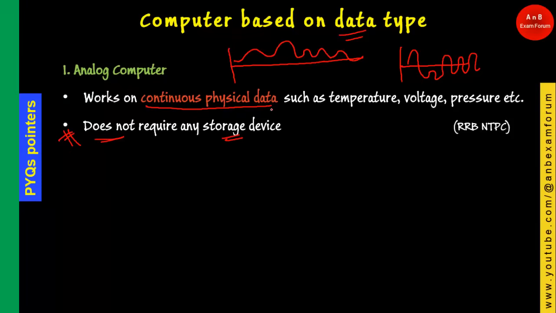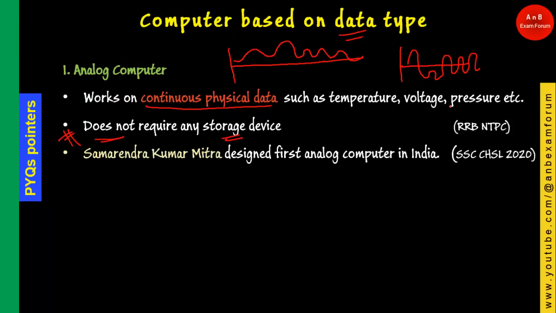It can be temperature, voltage, pressure. And it does not require any storage device. And we have seen in the previous class that Samrinder Kumar Mitra has designed the first analog computer in India, and this pointer was asked in SSC CHSL. So basically analog computer is the computer which works on continuous physical data, that we have understood.